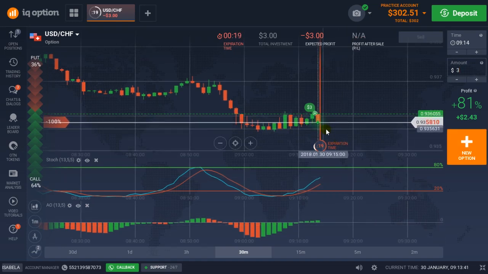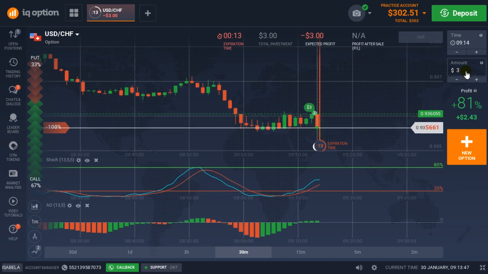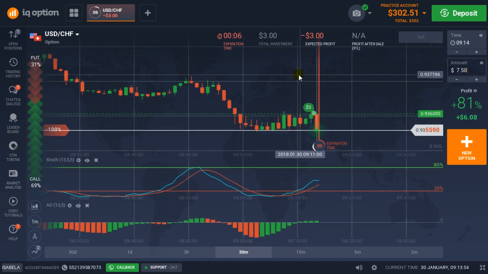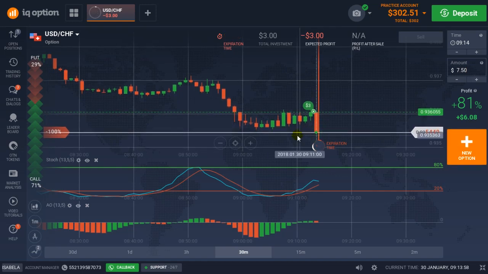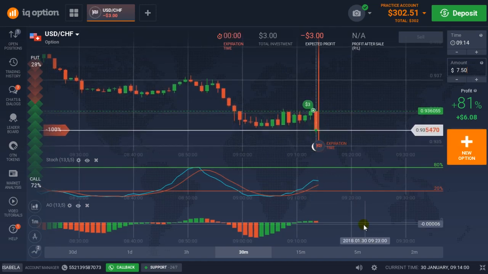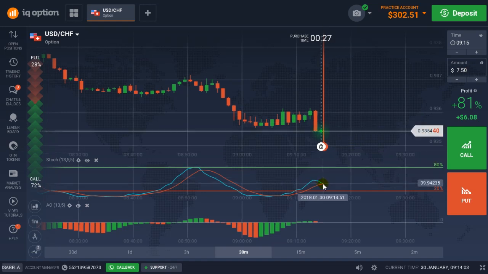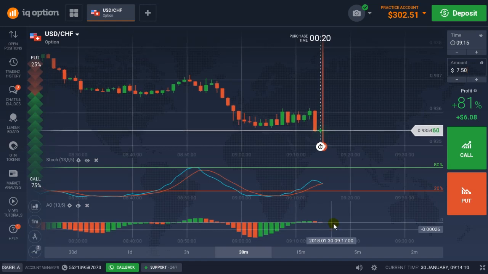Even if we lose, we know that the next step is multiplying our trading amount by 2.5 times, and then we wait to see if we get a signal to stay in a call trade or wait for a put trade, which is what I'm going to do. At this time you can see the lines are crossing back down. We got a red candle, so we don't get into a trade. We wait for a definite signal.